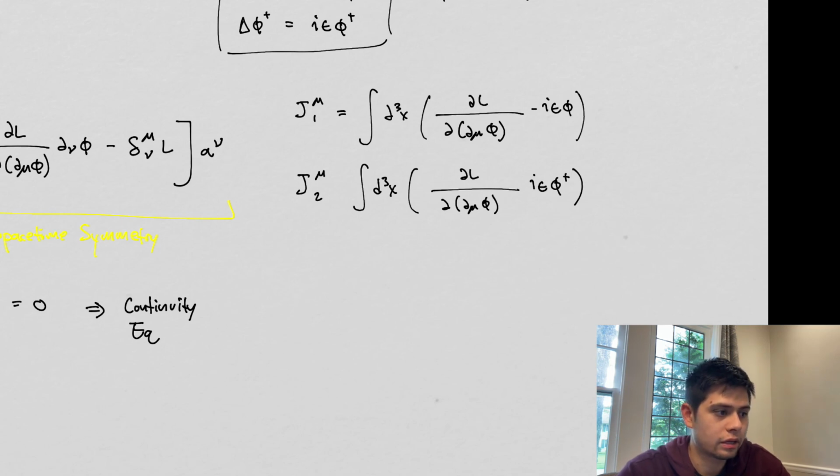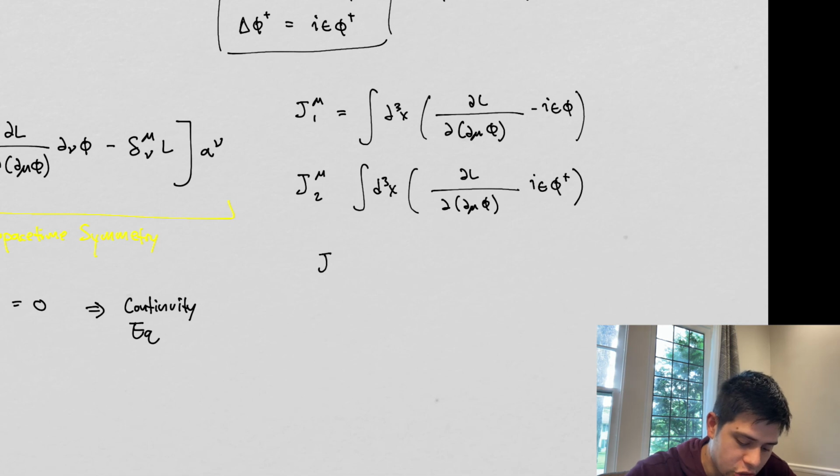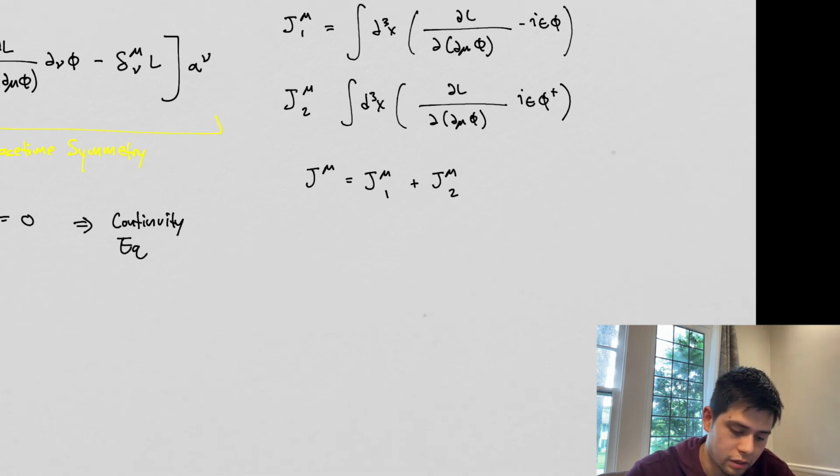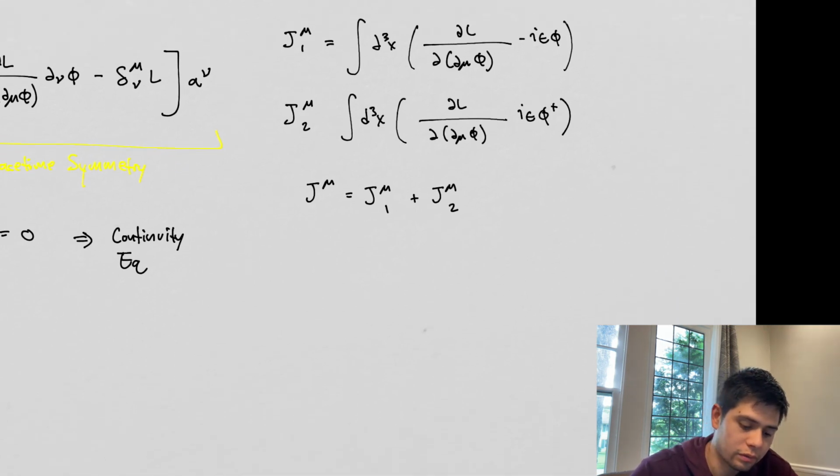So we could say that J mu is equal to J mu 1 plus J mu 2, okay? When we do that, we're really just adding these together, just like we're doing right here.